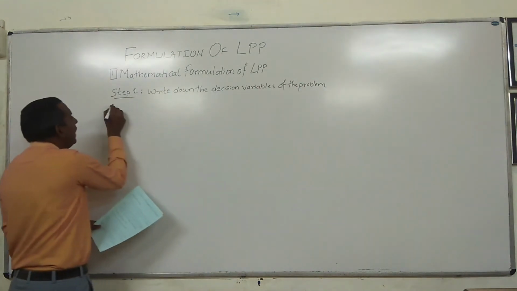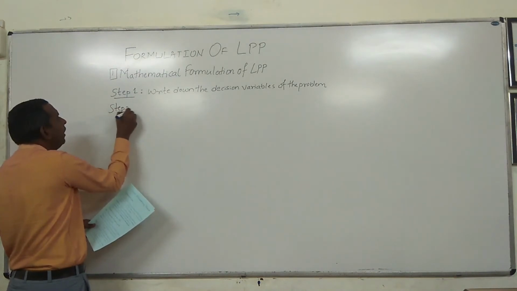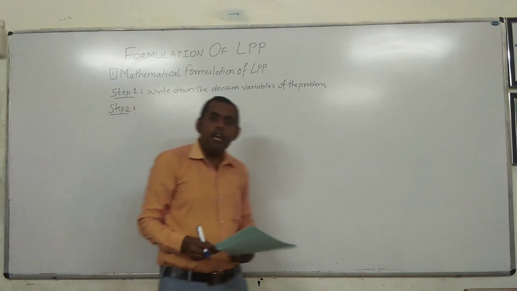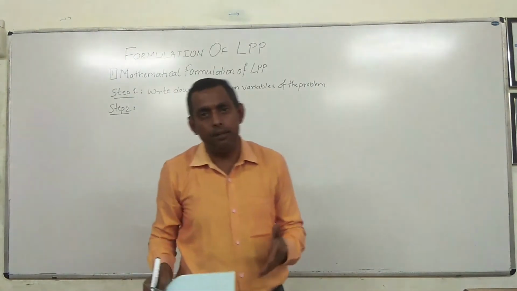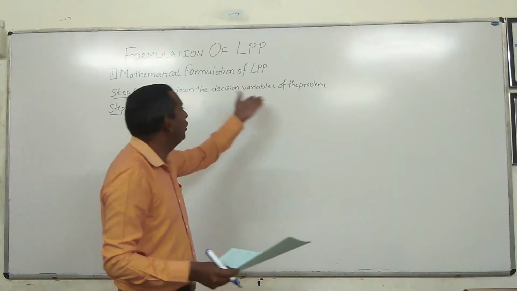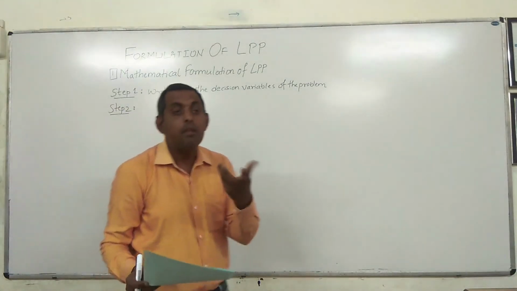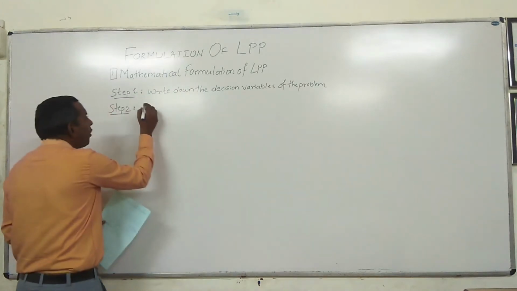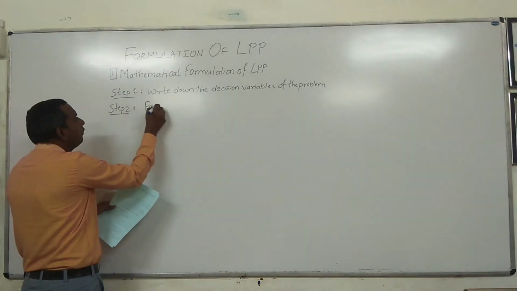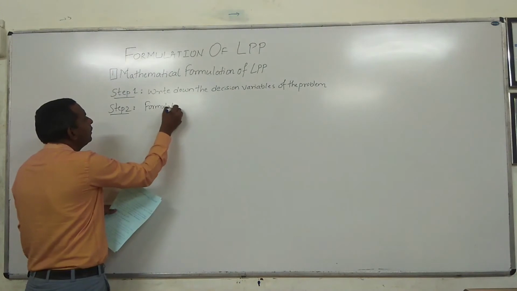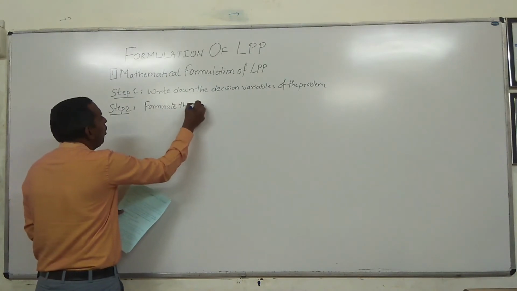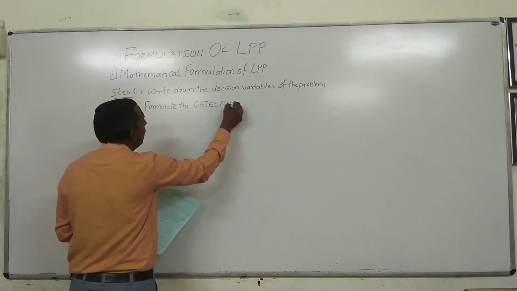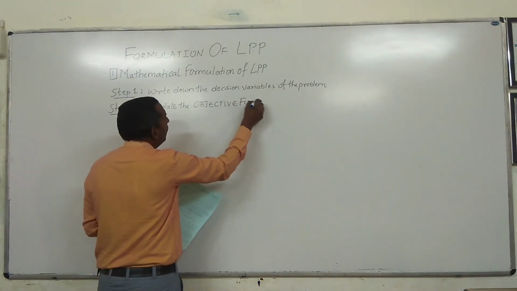Then comes step 2, to formulate the objective function. Once we have finished step 1, writing down the decision variables, in step 2 we need to formulate the objective function.